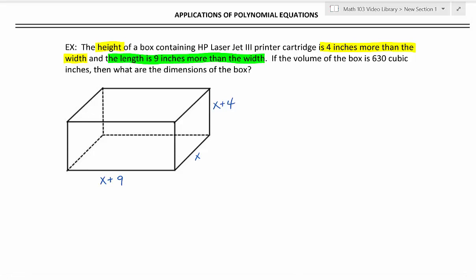The other piece of information we were given is the volume of the box. Since they gave us volume, that tells us that we're going to want to use the volume formula for a box. That formula is length times width times height. We have the volume, we have the length, the width, and the height.